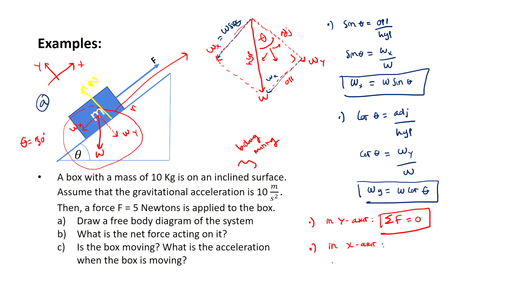We can use Newton's second law: sigma Fx equals ma. For sigma Fx, we write F as positive and Wx as negative, and it's equal to ma. I guess we can continue here.